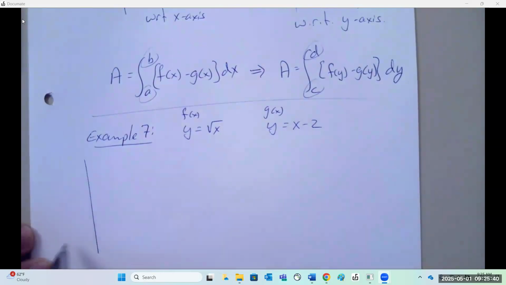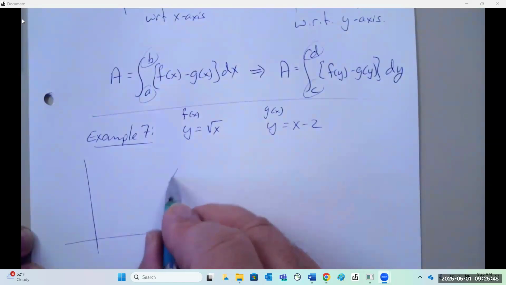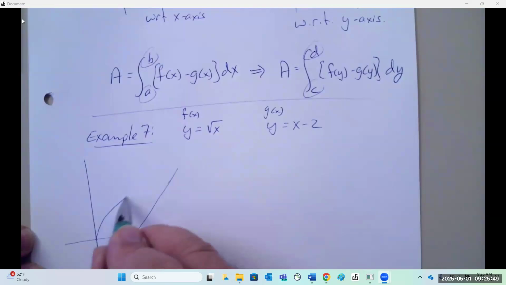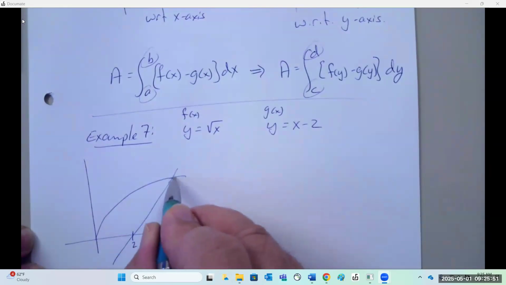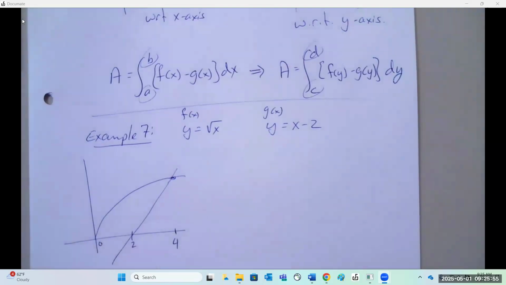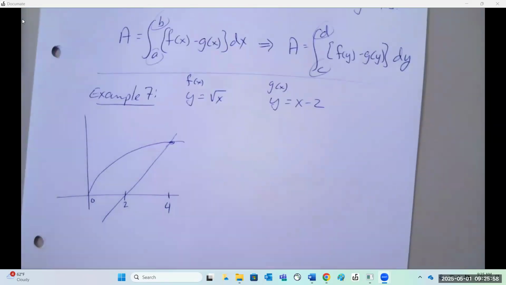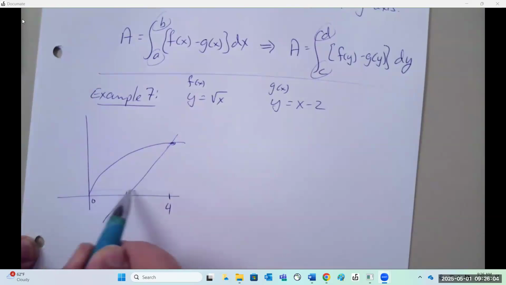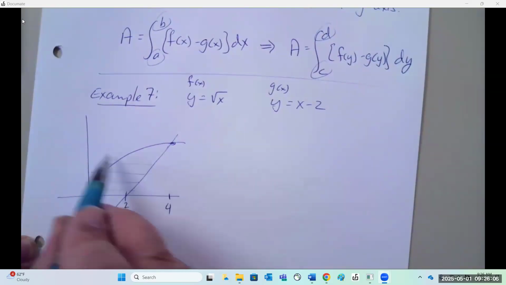And remember, this is what we did in the last example we just did. This is what it looked like. We did it up and down. Now we're going to do it with respect to the y-axis.